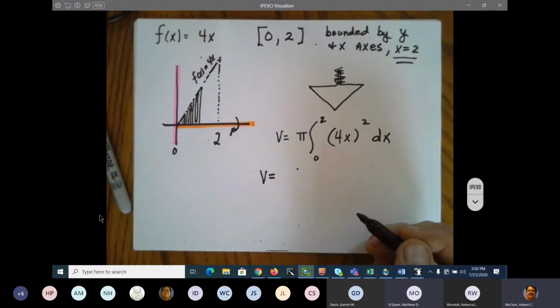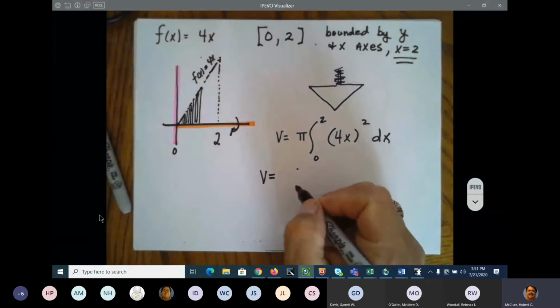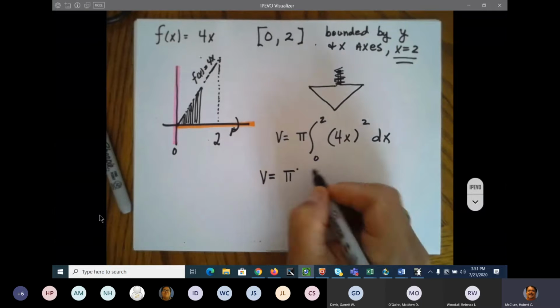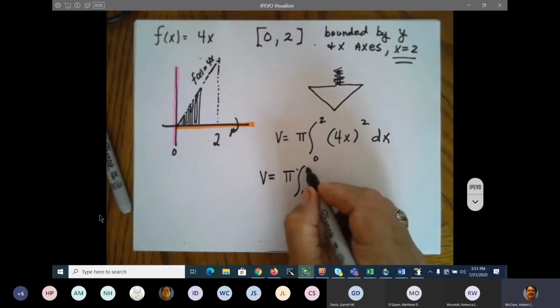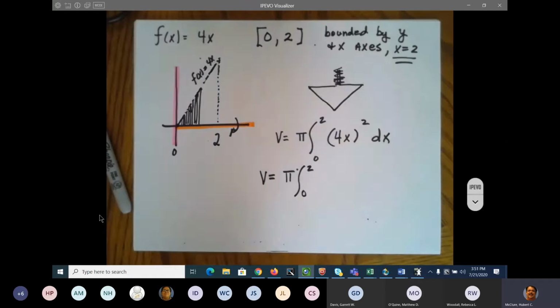But squaring both terms. That's it. Whoever said that? Did you say that, Mr. O'Quinn? I did. This is what students do. They go, okay, I'm going to set this up, and that's going to be pi from 0 to 2 of 4x squared. And that's what they do every single time.